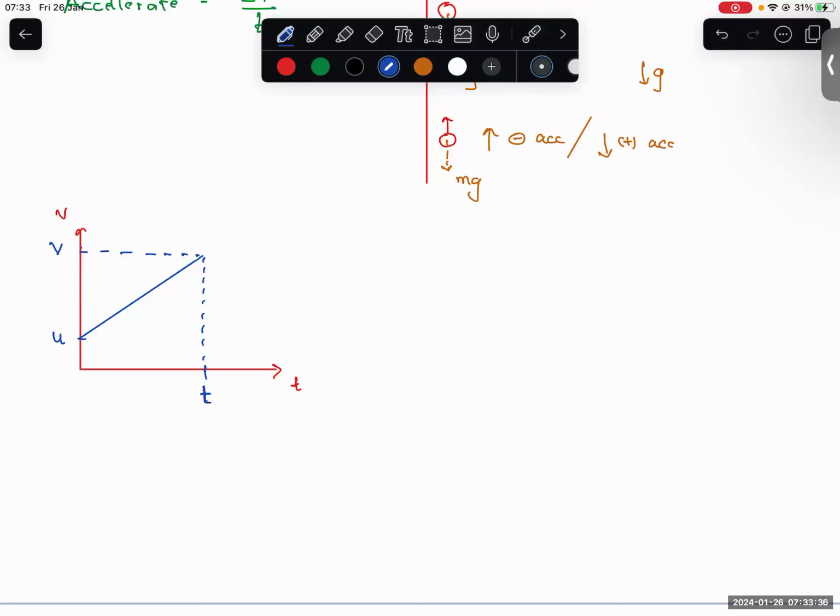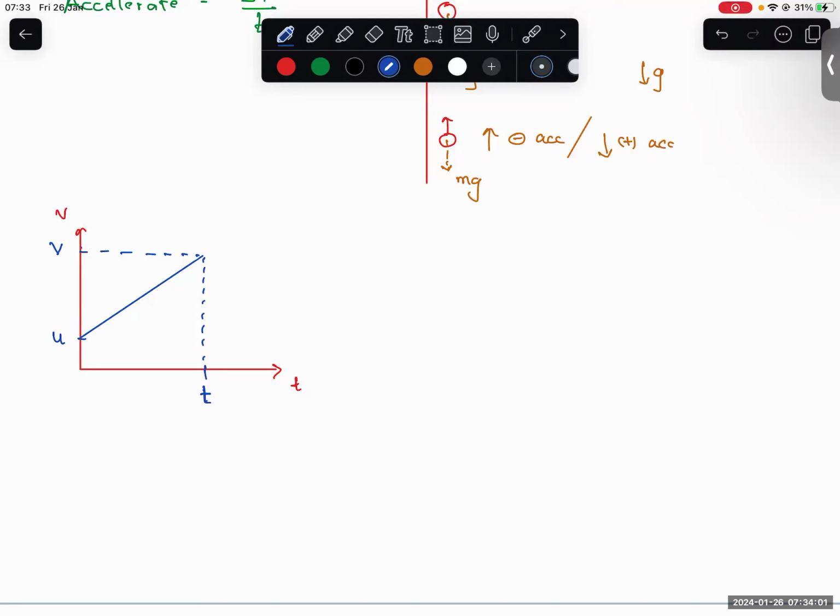What was I explaining last? Guys, where did I stop? I told you about deriving the linear motion equations, right? Yeah, sir.